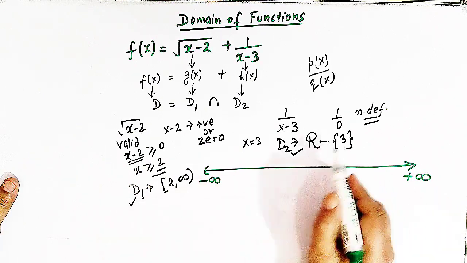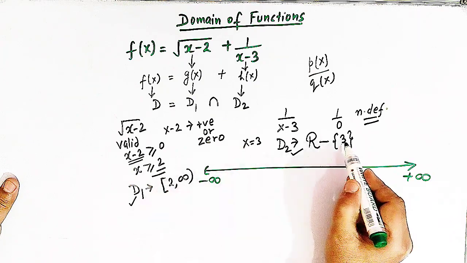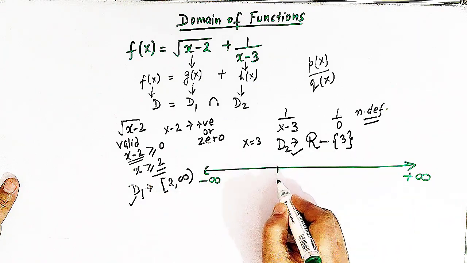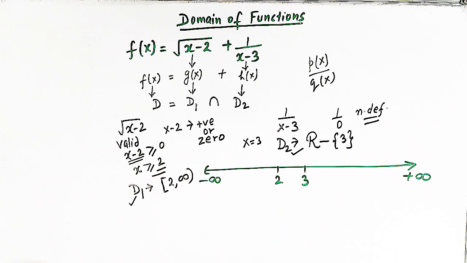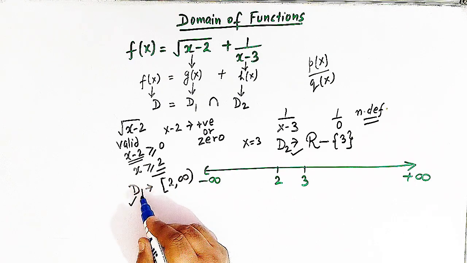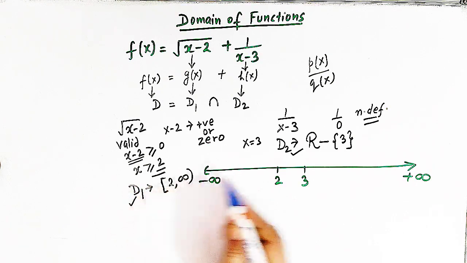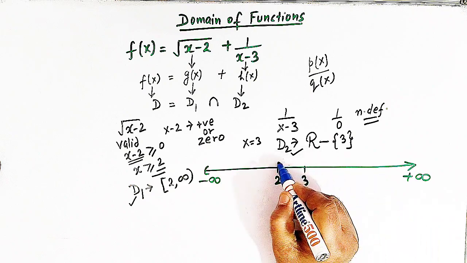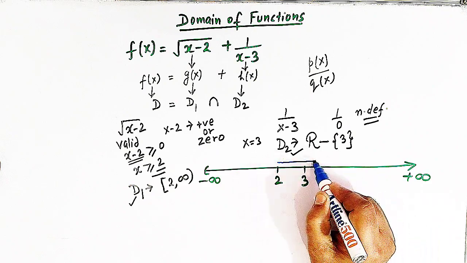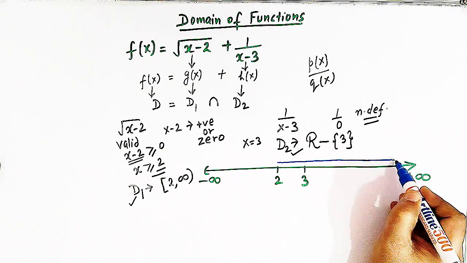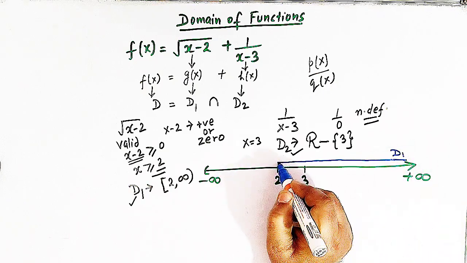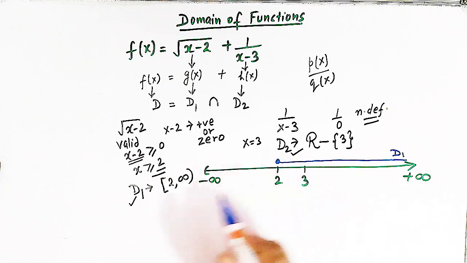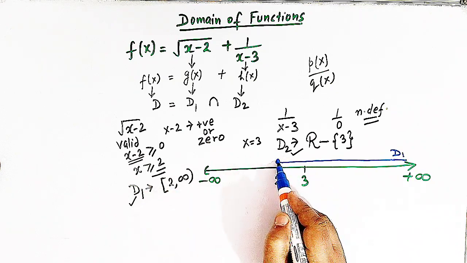Let us plot the points 2 and 3. Let us first represent d1. d1 is from 2 to infinity, so this is the region which represents d1, and remember that here 2 is included.